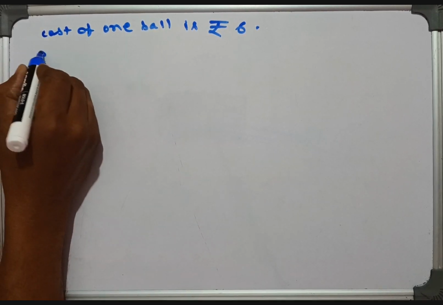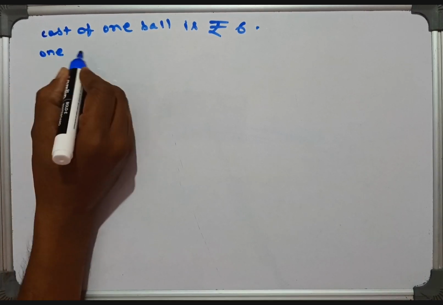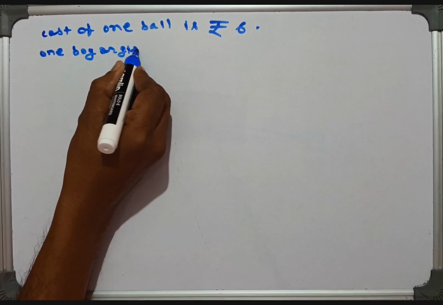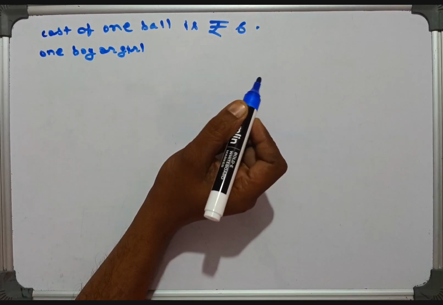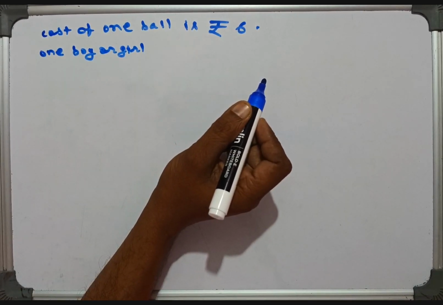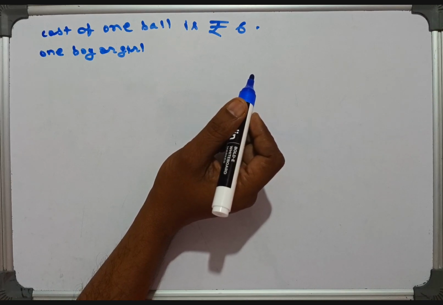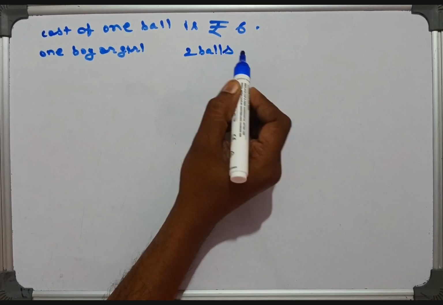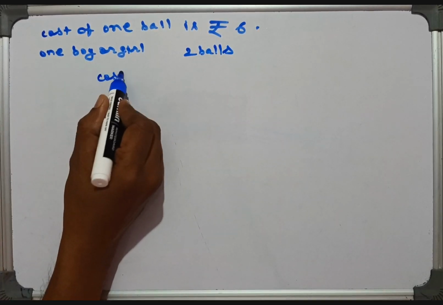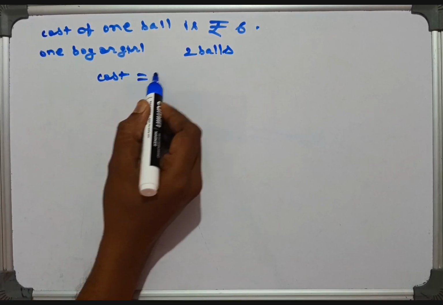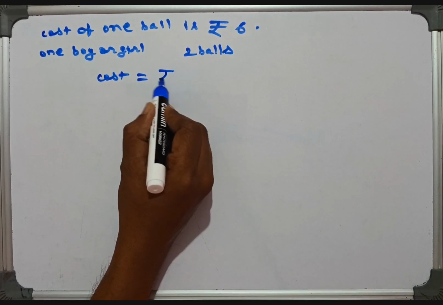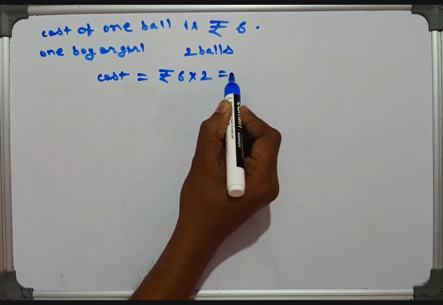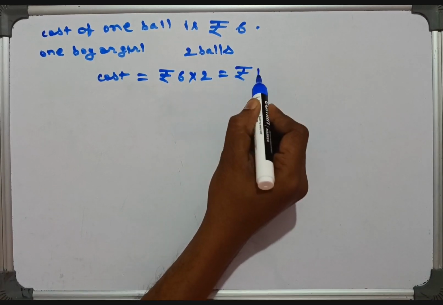Suppose one boy or girl goes to the shopkeeper and says, I want two balls. So what will be the cost at that time? We write cost of one ball, 6 into 2, then this becomes 12 rupees.